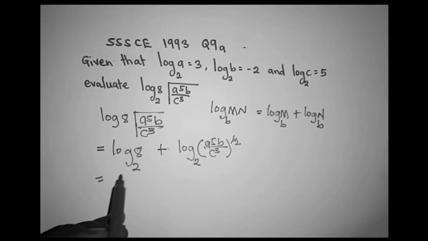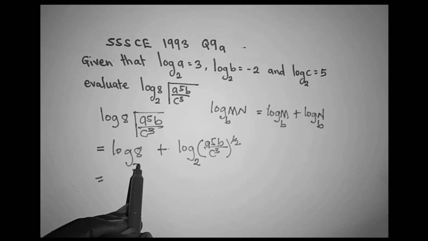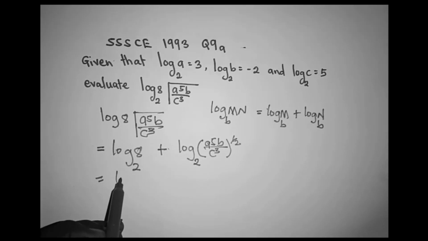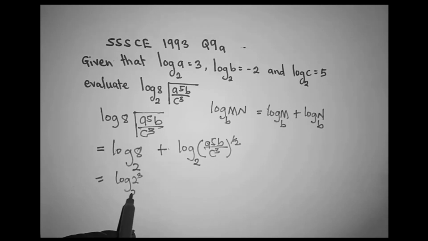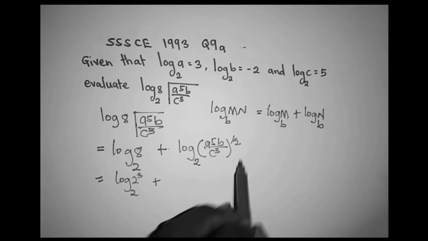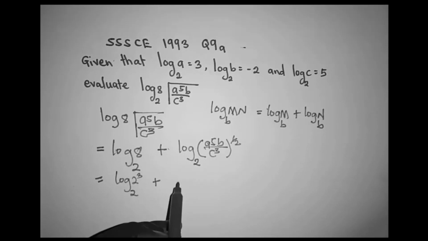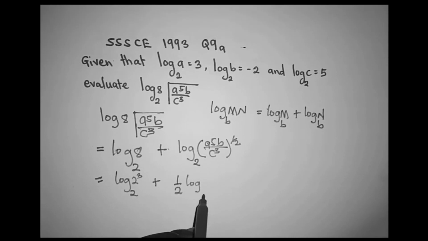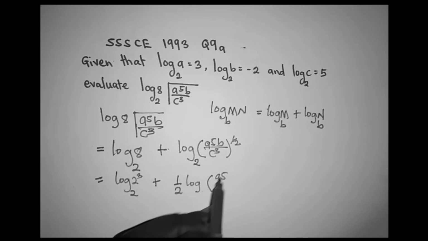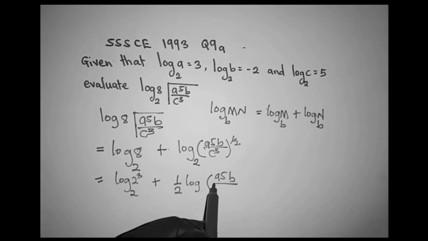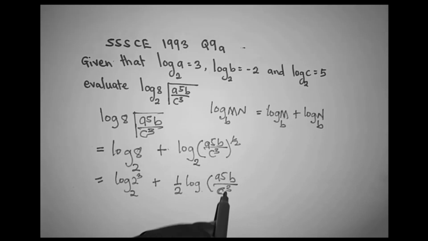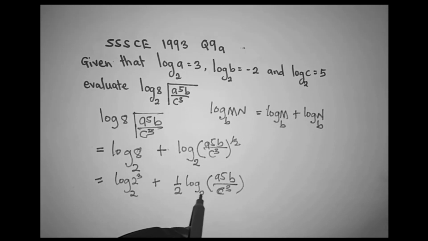So this is equal to, 8 can be expressed as 2 exponent 3. So log 2 exponent 3 base 2 plus, then I'm shifting this half down, it becomes half log of a exponent 5b divided by c exponent 3 base 2.